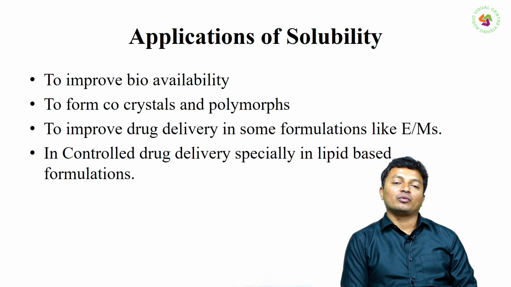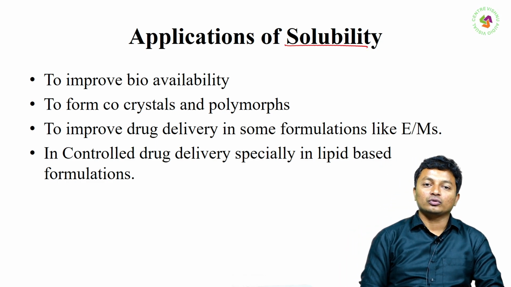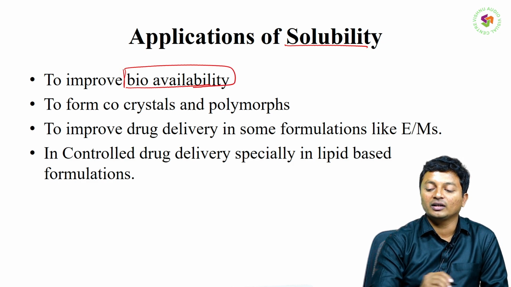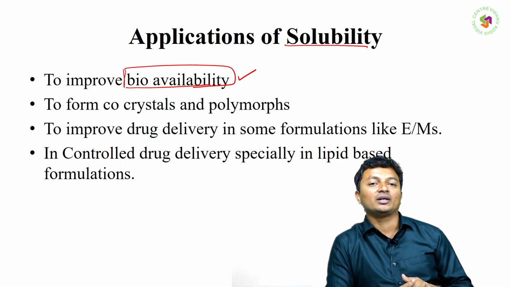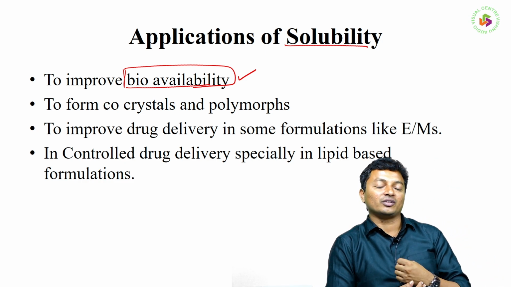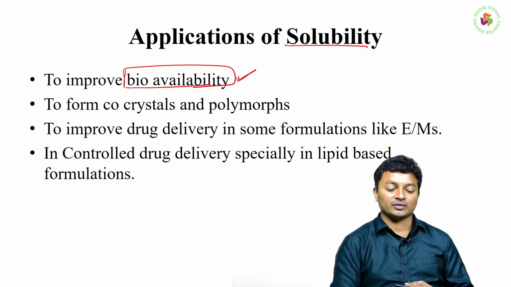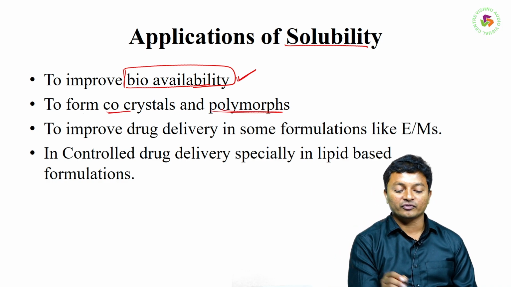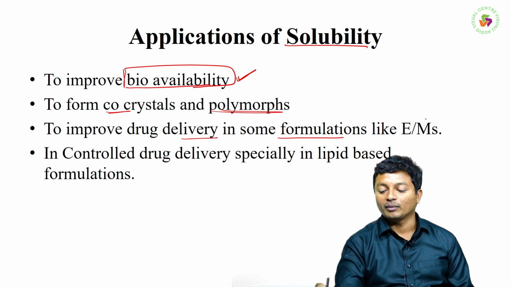Now we'll discuss the applications of solubility. To maintain the bioavailability, we definitely need more solubility. If a substance or drug has low solubility, the bioavailability will be very low. Solubility is also needed to form co-crystals and polymorphs, and to improve drug delivery in some formulations like emulsions.